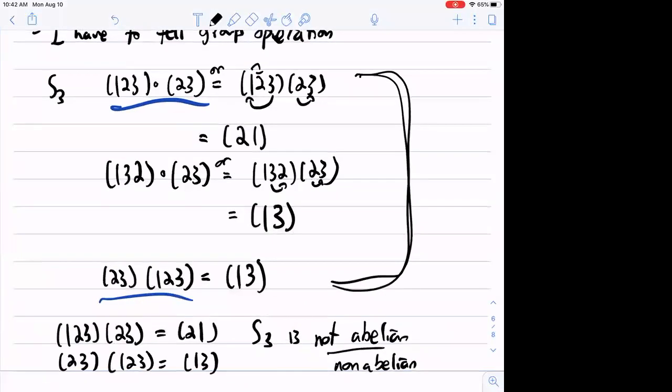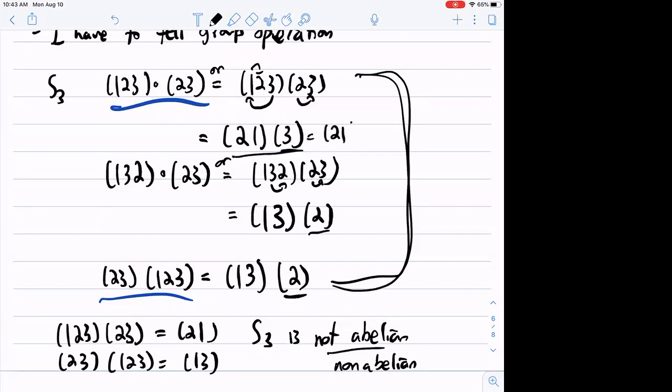If you like, you can write. Basically, if things don't go to themselves, if you don't write anything for if there's no 3, it just means that it goes back to itself. If you like, you can write this. If you want to include everything, this just means 3 goes back to itself, 2 goes back to itself, right?